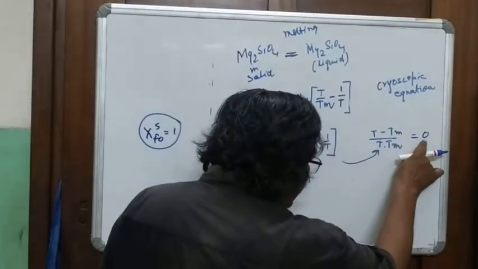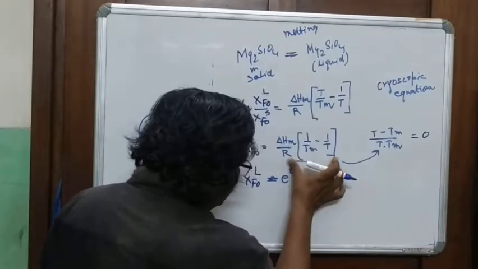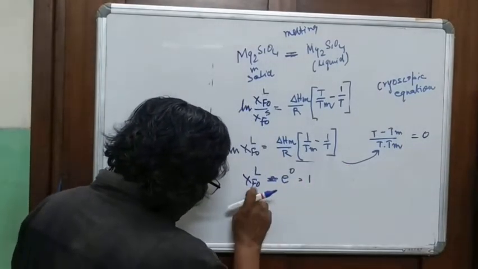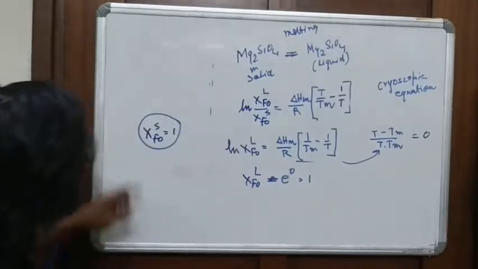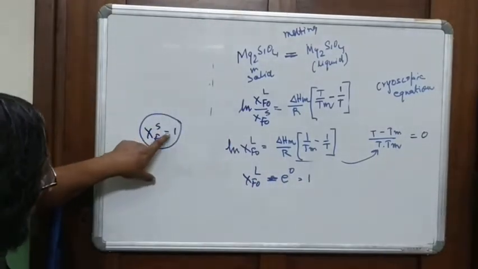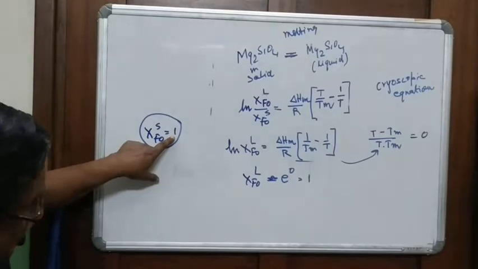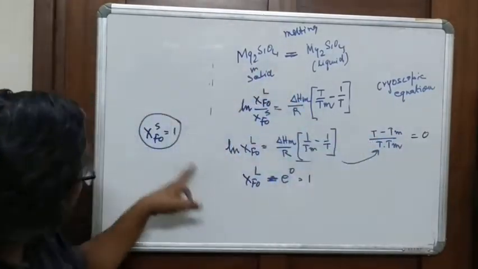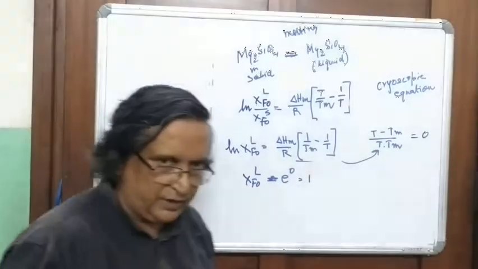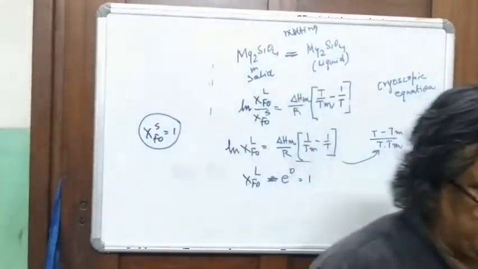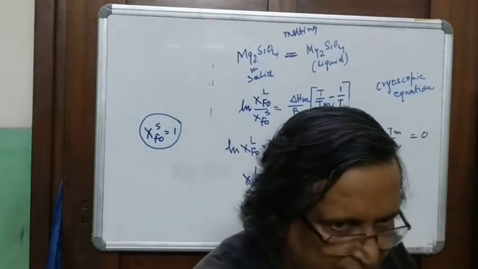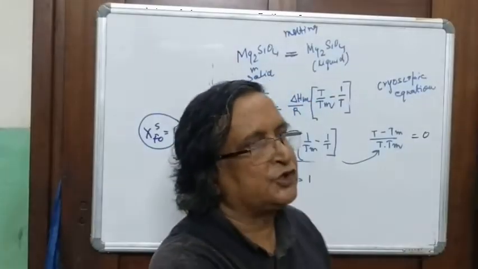T minus Tm is equal to 0, third bracket 0, this right hand side 0, e to the power 0 is equal to 1, X forsterite in the liquid. So, if you melt X forsterite solid equal to 1, and if you have Tm is equal to T, then your X forsterite in the liquid is also equal to 1. So, pure forsterite in the solid melts to pure forsterite in the liquid.